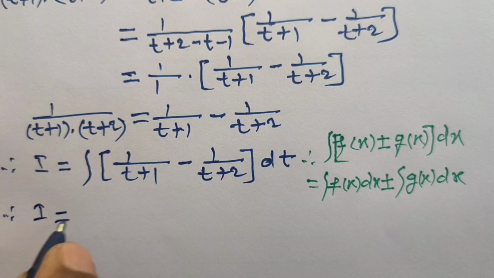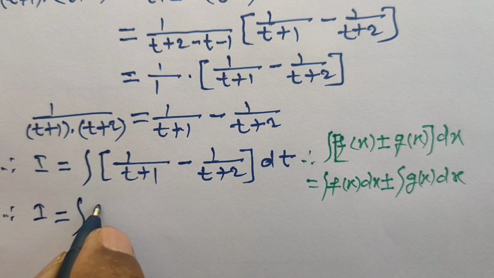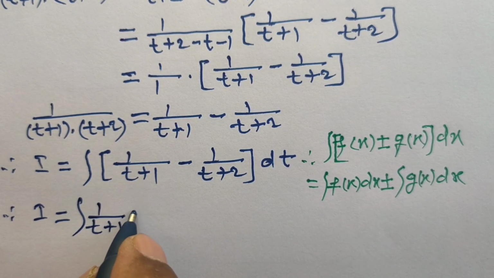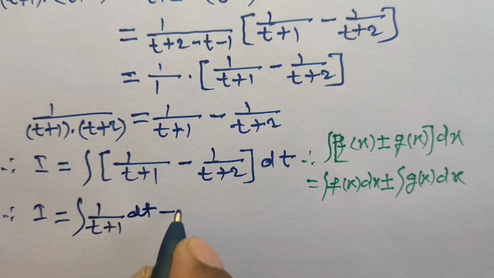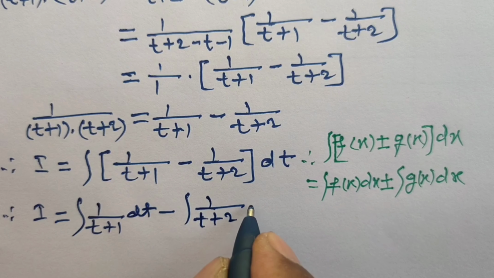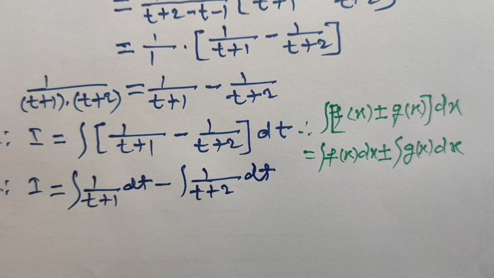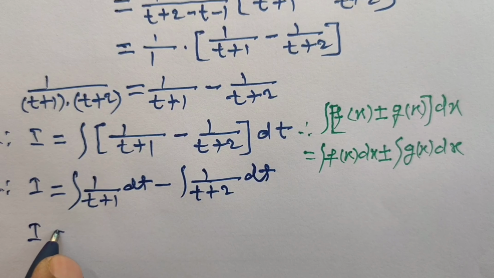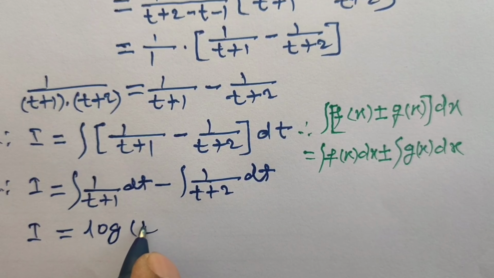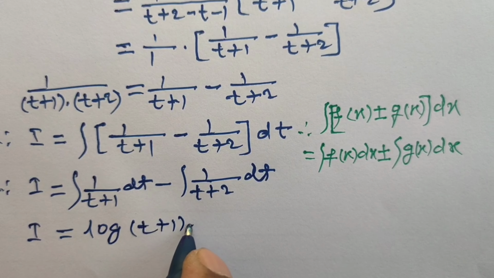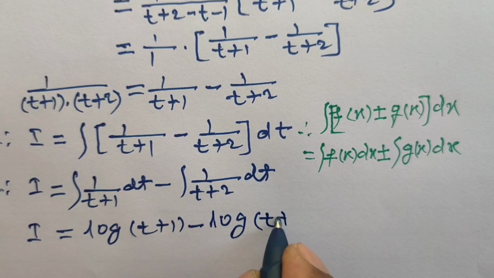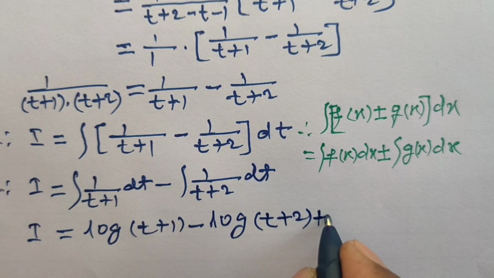I is equal to integral of 1 upon (t + 1) dt minus integral of 1 upon (t + 2) dt, and this is equal to logarithm of (t + 1) minus logarithm of (t + 2) plus integral constant c.